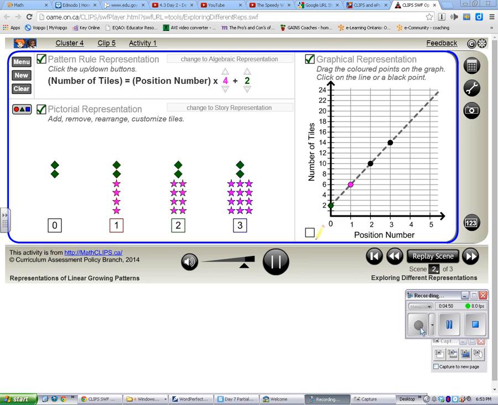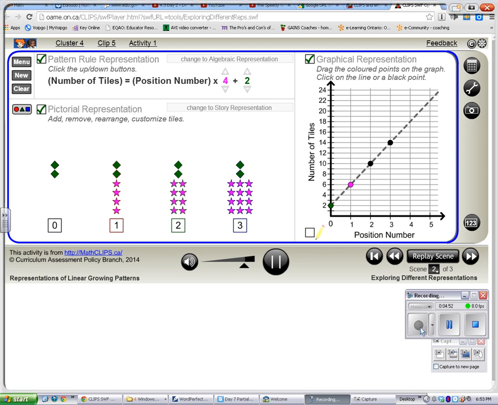This is the exact same pattern that we had looked at before, and so we see that the pattern is represented for a 0 position number, I do in fact have 2 tiles. And now I'm interested in looking at the graph. So the graph, again, we're noticing is linear, so that's not a surprise. But my graph is not going through 0, 0. It's actually going through the point 0, 2, because at position number 0, I have, in fact, 2 tiles.